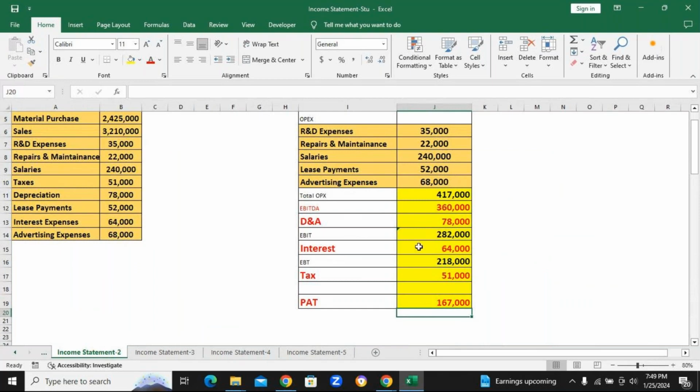I hope you people were able to solve this income statement 2. It's very simple and easy.